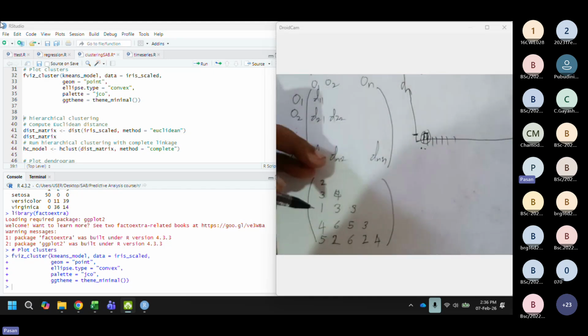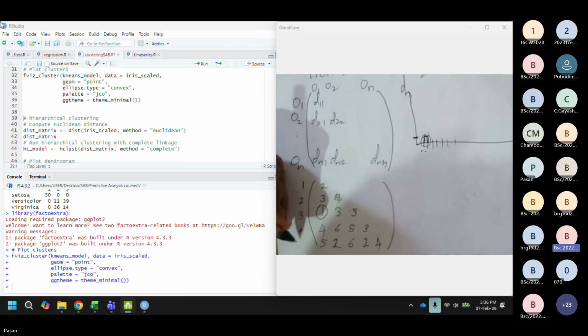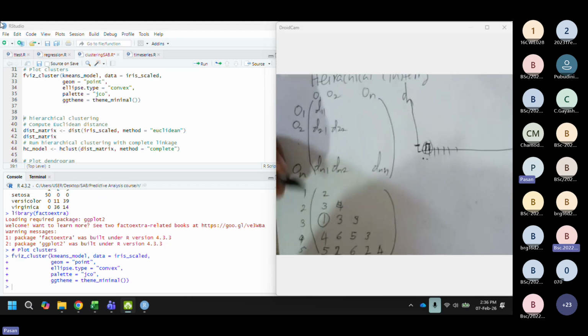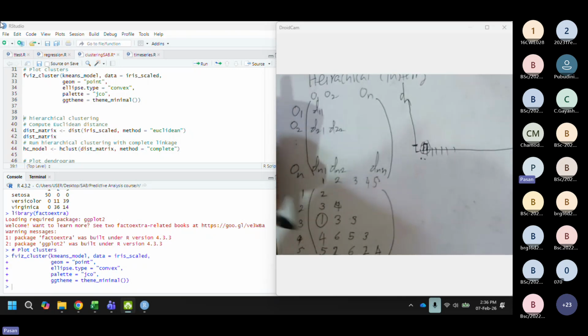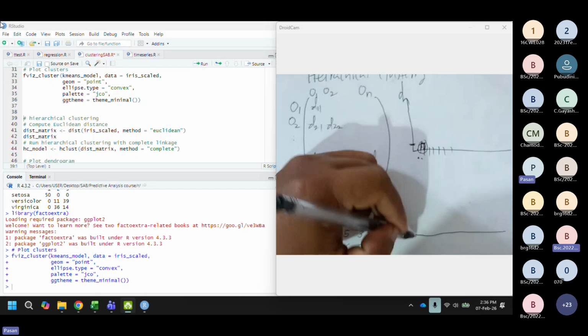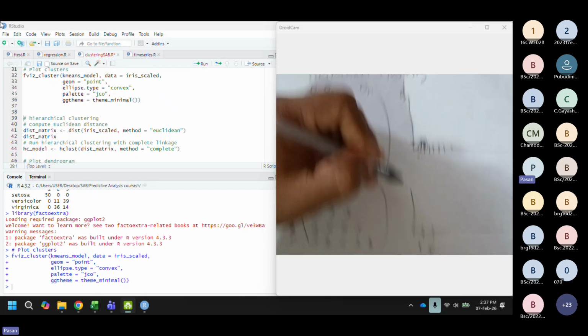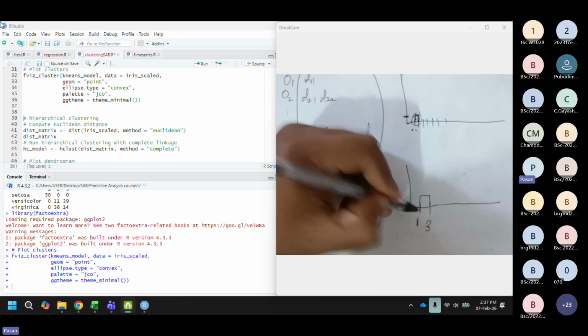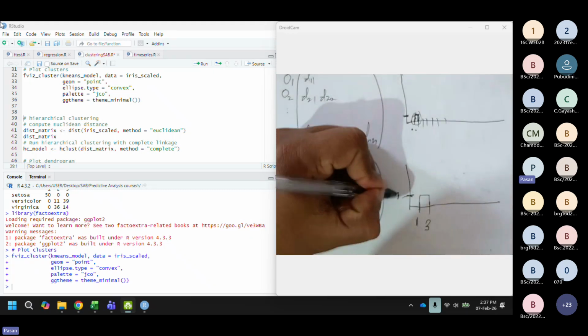Then what I can see is that this is the smallest one. That is observations 1, 2, 3, 4, and 5, right? Therefore I can say that it is 1 and 3. In terms of observations 1 and 3, I know that they are the closest together, with this height of 1.